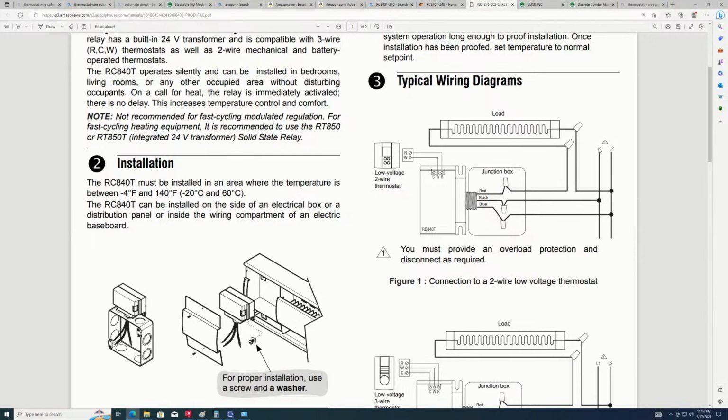Oh, that's what we're turning on and off. Okay, so black is what we're switching. See how L2, oh, okay. So blue is for load, black is for the other one, and red goes to the device. That color code doesn't make sense, but okay.